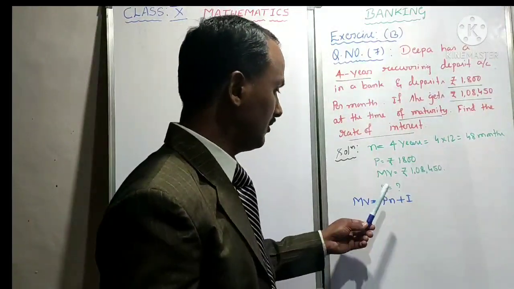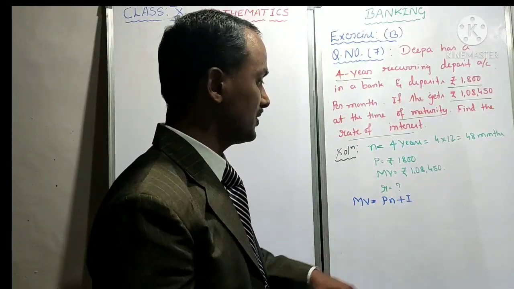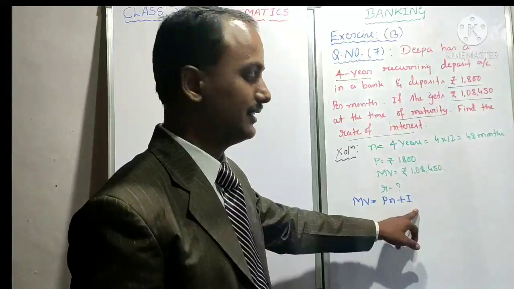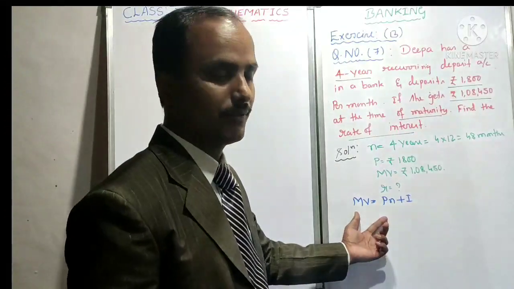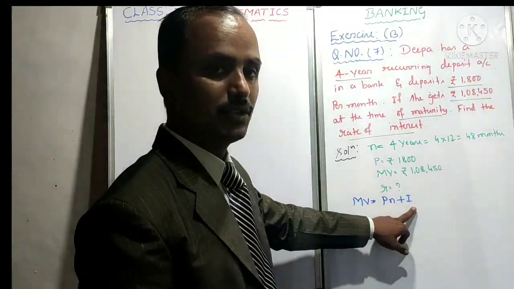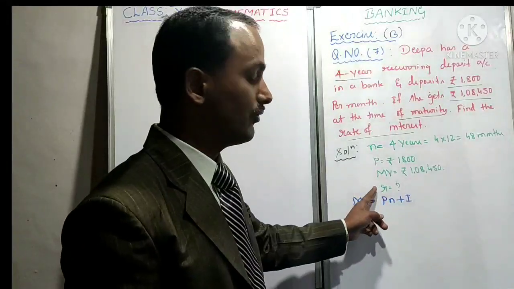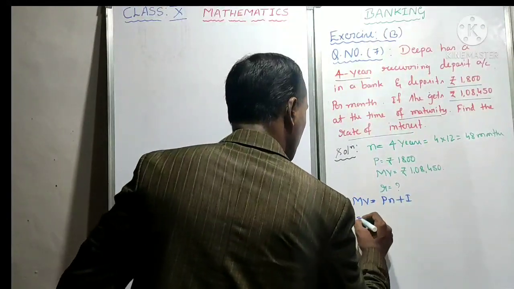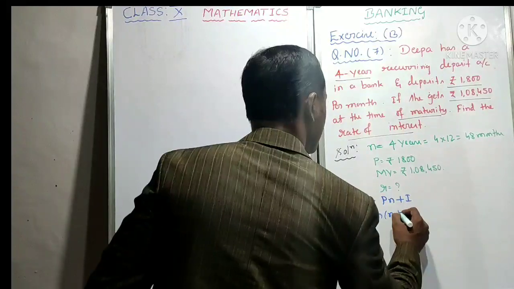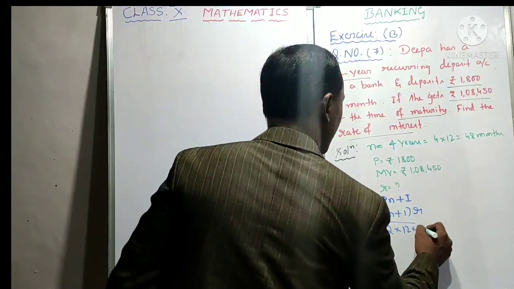If they ask for the principal amount, the amount deposited every month, then first find the interest separately, in terms of P, and use this formula. If they ask to find the interest amount also, use the separate interest formula. When they ask to find the rate of interest, use the separate interest formula: I is equal to Pn of n plus 1 of R divided by 2 into 12 into 100.